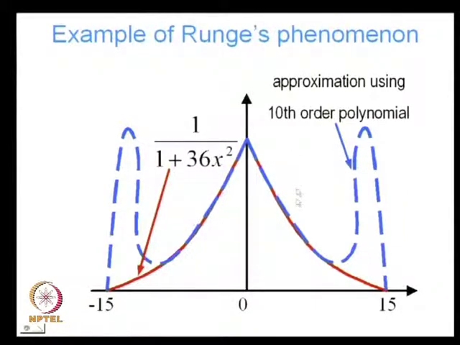What I find is that near the center of the interval my polynomial approximation is very good, but near the boundaries there are very, very large errors.